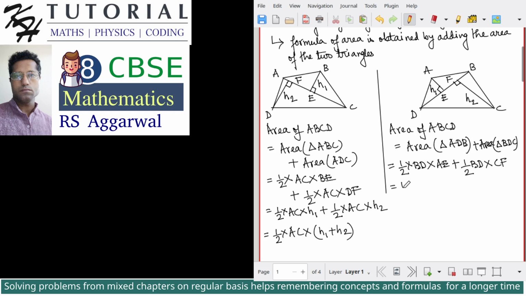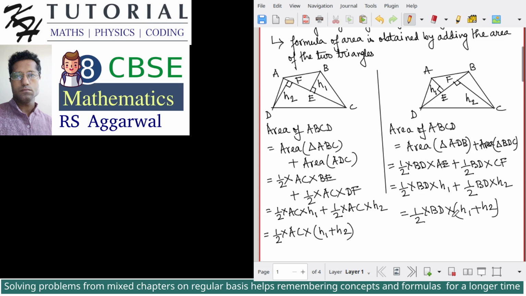So this is equal to half multiplied by BD multiplied by AE, which is H1, plus half BD multiplied by CF, which is H2. After simplification, this becomes half multiplied by BD multiplied by H1 plus H2. So the formula is same.